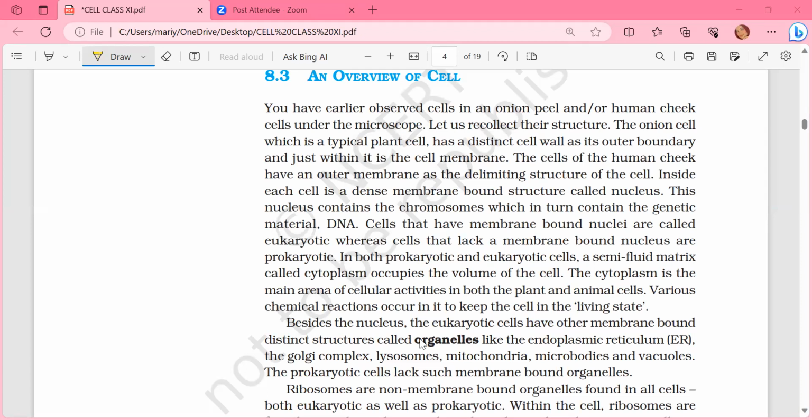So before studying it under a microscope, what do we do? Can anybody give me the answer? For example, you want to study a particular cell under a microscope. What will you do so that the cell will be visible to you?